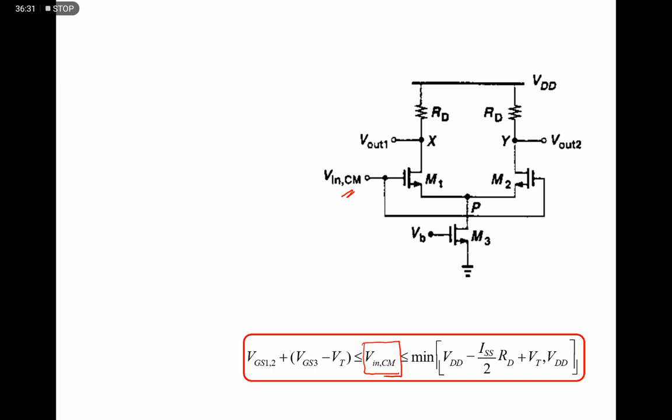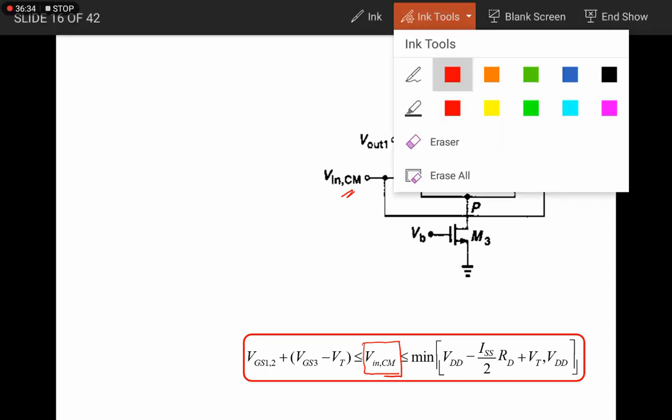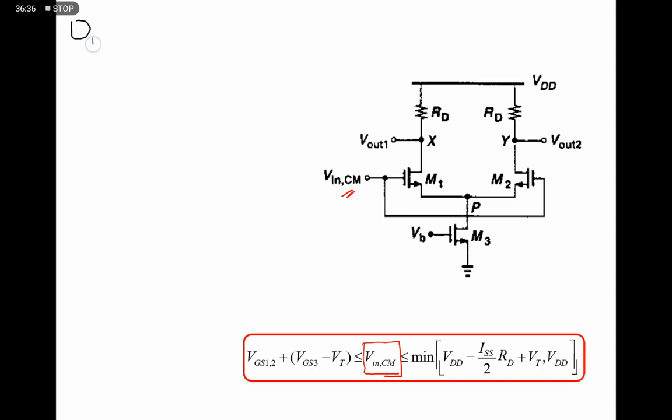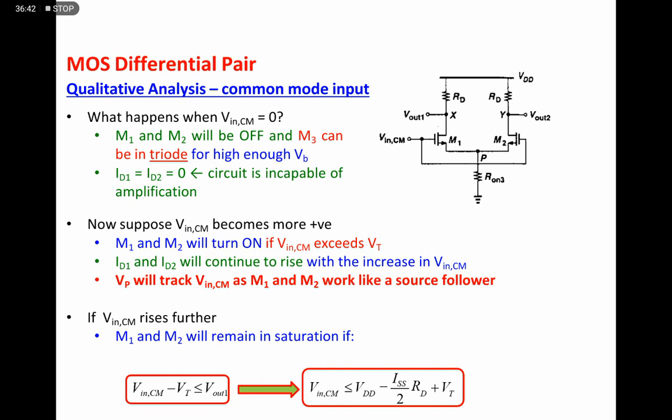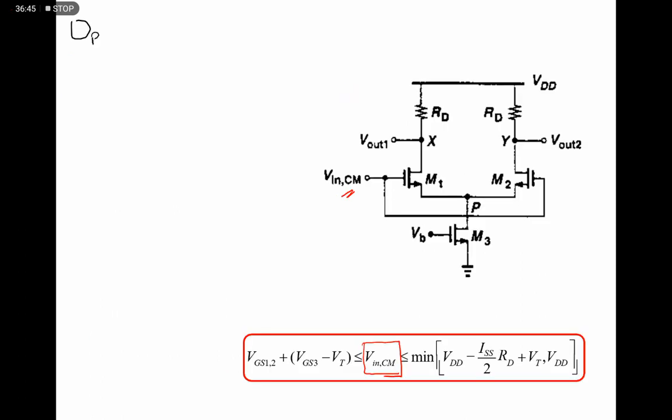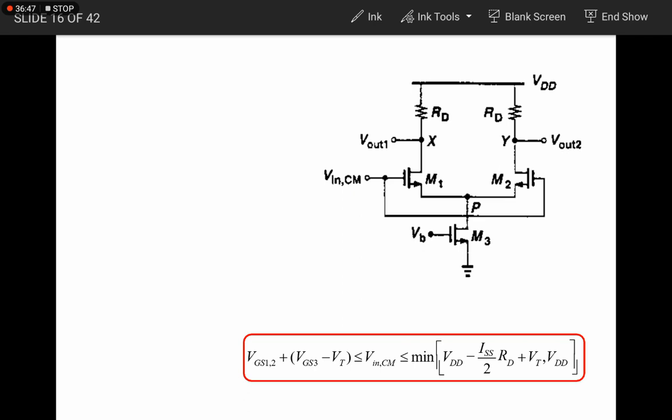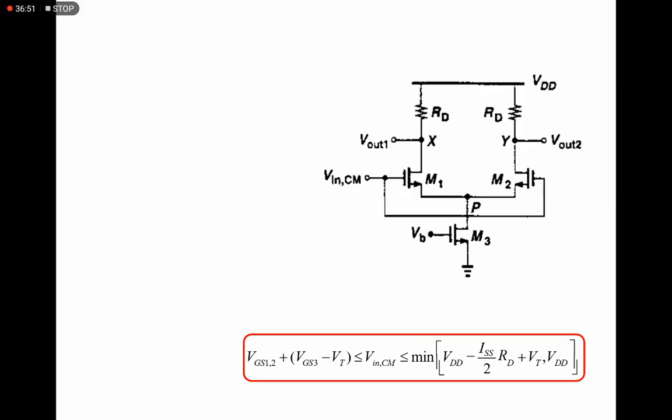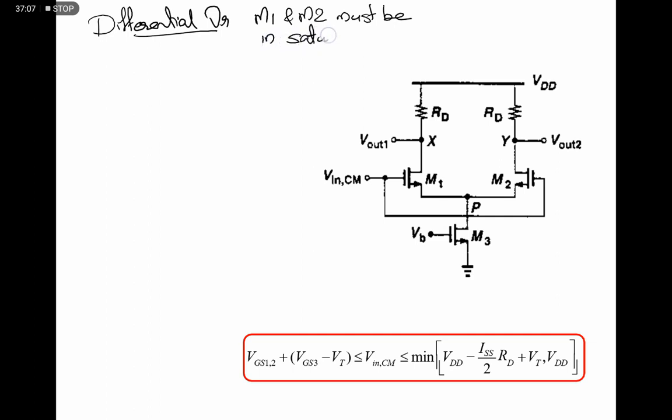So for the basic idea, for the operation of the differential amplifier, M1 and M2 must be in saturation.